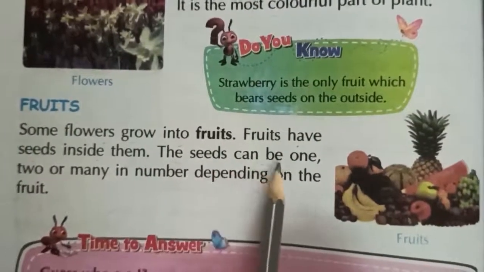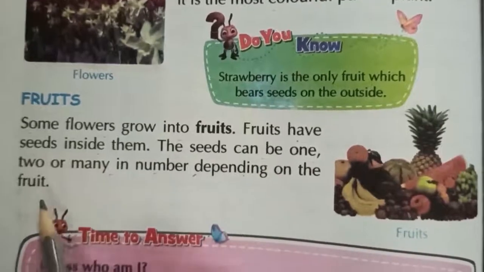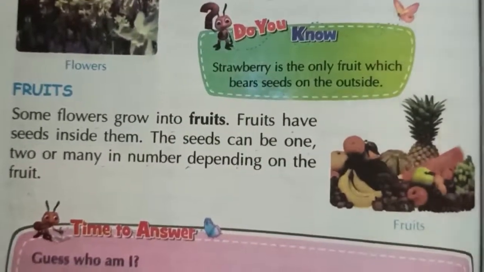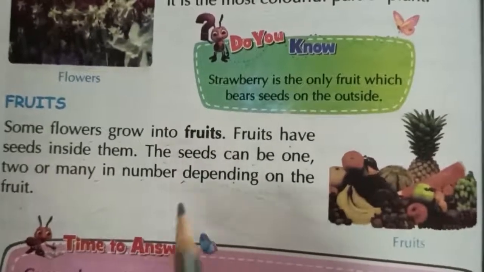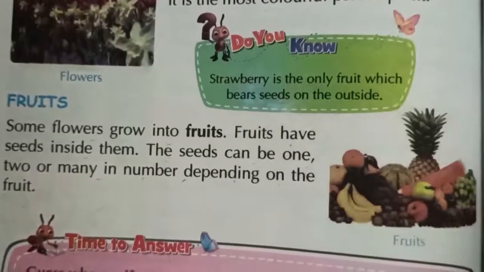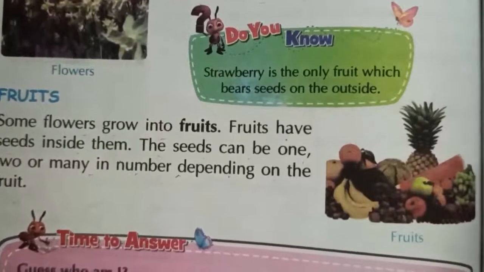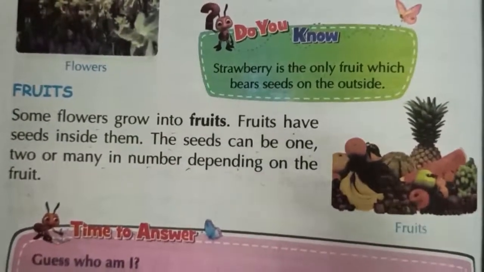The seeds can be one, two or many in number depending on the fruit. So these all are the parts of plants.